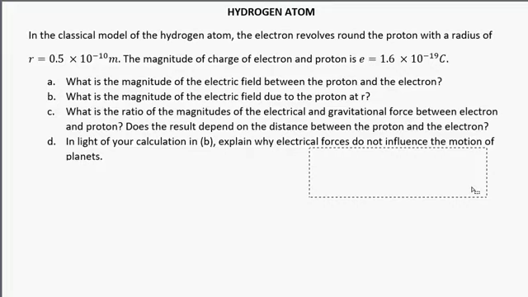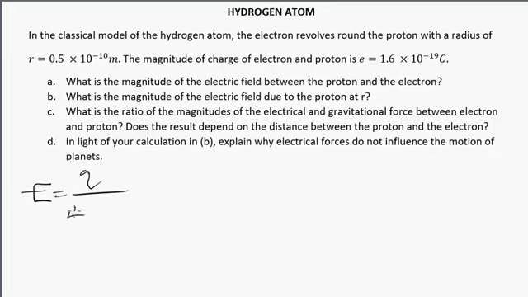The second part says, what is the magnitude of the electric field due to the proton at r? We're going to calculate the electric field this way: q over 4 pi epsilon naught r squared.